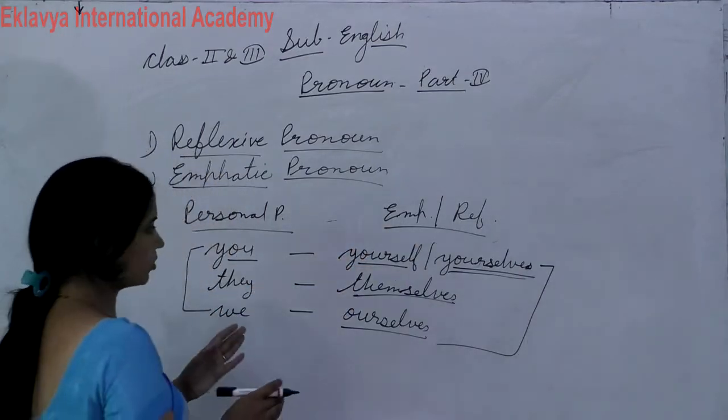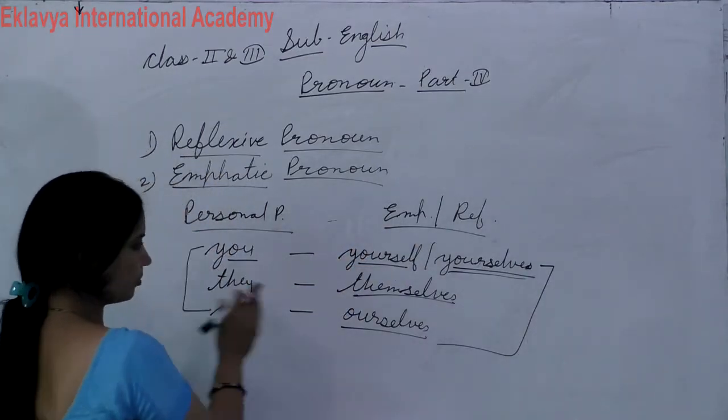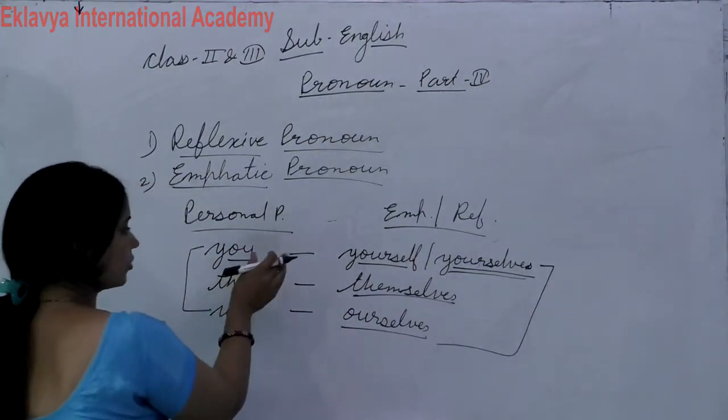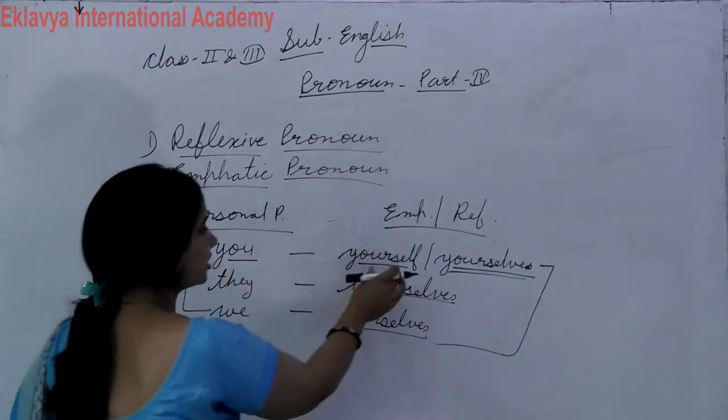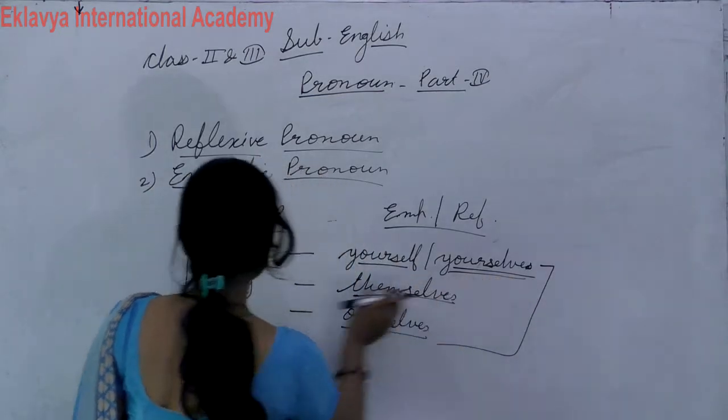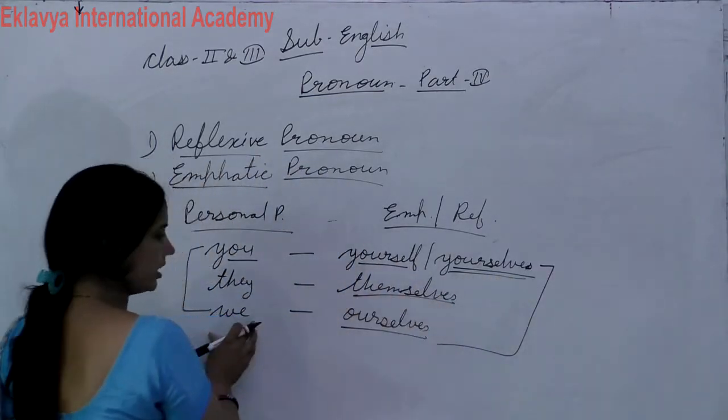I hope you understood. So first you have to learn how to make this. In singular we will add only self, and in plural we will add selves, and they, themselves, or we, ourselves.